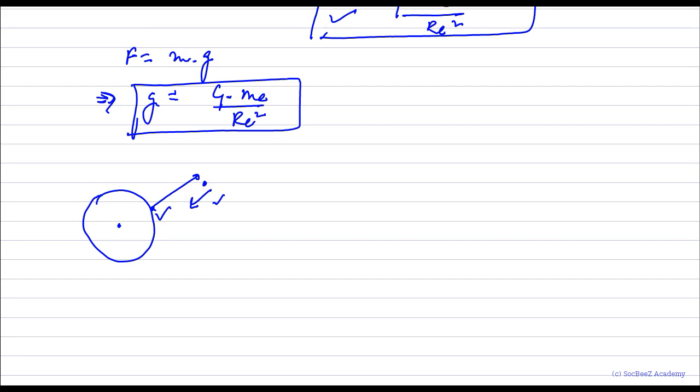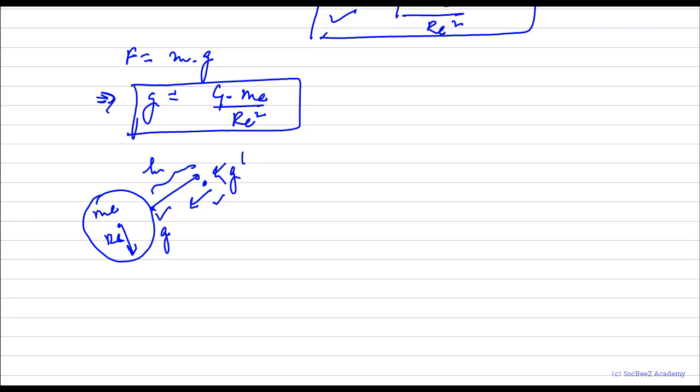Earth. So let's say for the time being that my body is taken to a height of h from the surface of the Earth, the mass of the Earth is Me and Re is the radius of the Earth. At this point the acceleration due to gravity is g dash, and at the surface of the Earth the acceleration due to gravity is g. I'm not deriving the expression, it is pretty simple.